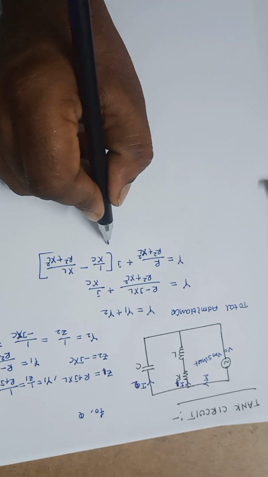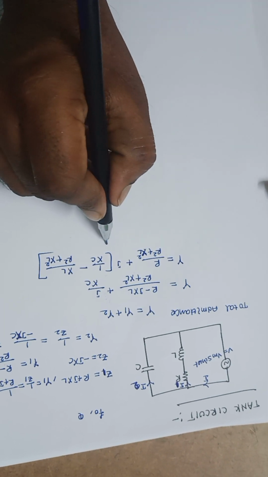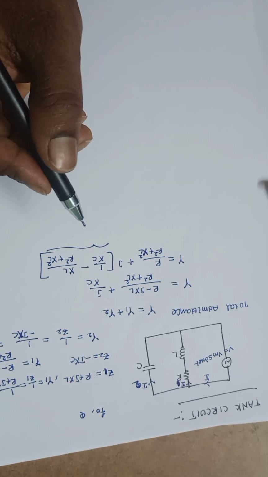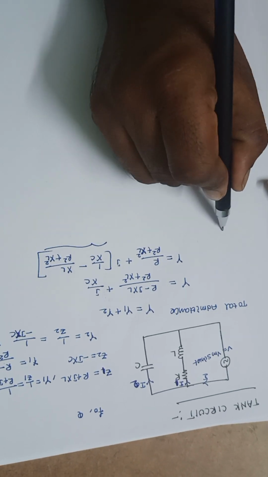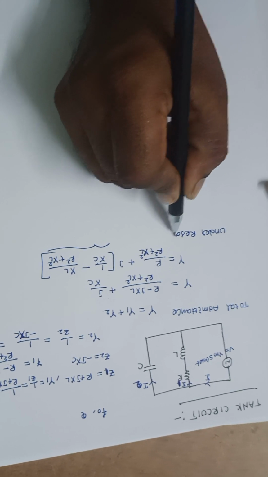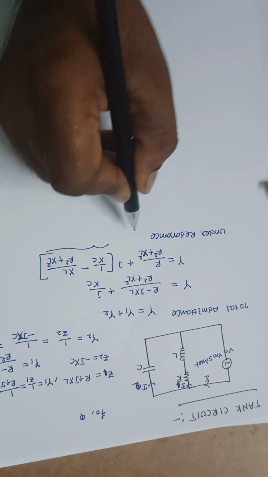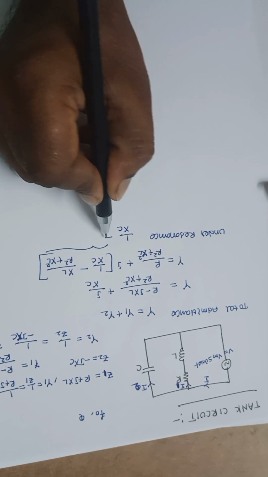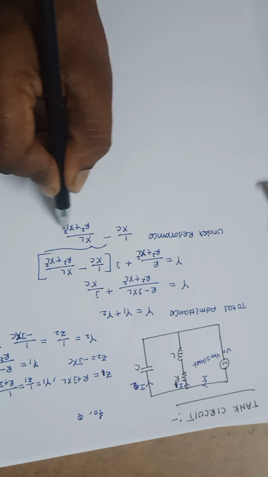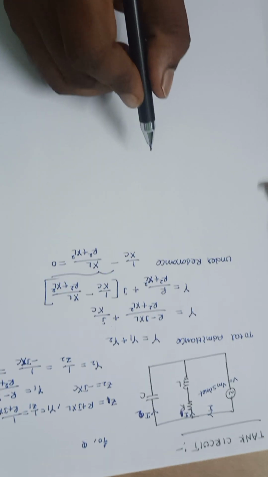Now for any circuit under resonance condition, the imaginary part of the admittance or impedance should be equal to 0. So under resonance, 1 by XC minus XL divided by R square plus XL square is equal to 0.